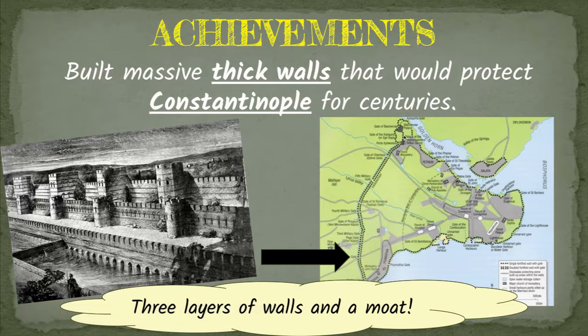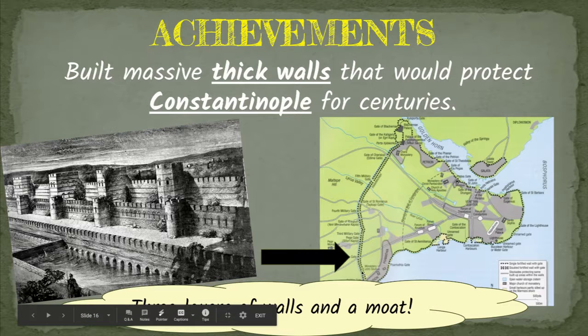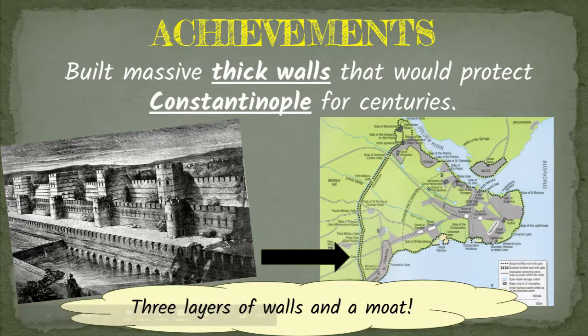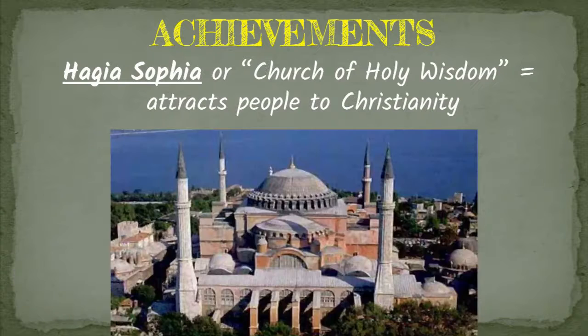So the Ottomans in 1453 are the first ones to break through these walls, and it takes a piece of technology not yet invented in the history of the Byzantines to break through the walls. Right? And so once again, this church, as you can see, the water's right here.